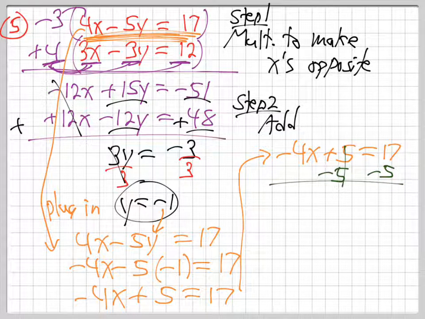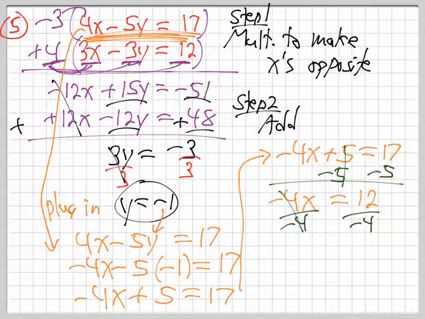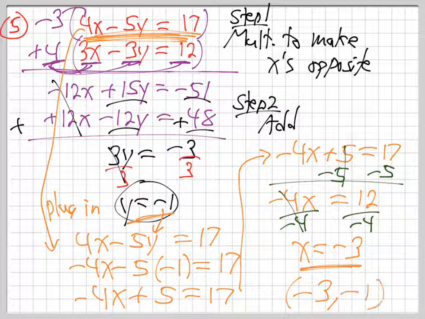Boom. 4x is 12. Last step. Divide by 4. x is 3. So we got x, we got y. The answer is 3, -1, x comma y, with the parentheses and the comma.